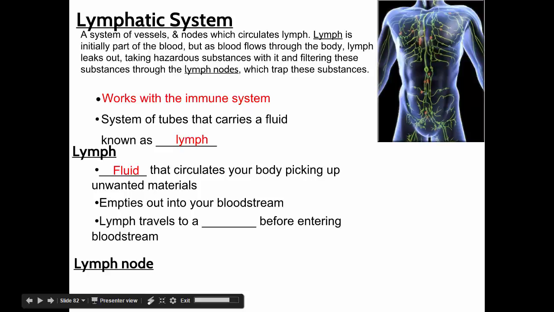Along the way, it picks up unwanted materials, pathogens. And eventually, this lymph fluid gets to what we call a lymph node. And the lymph node is where these substances get filtered out. Our lymph nodes trap bacteria and viruses.